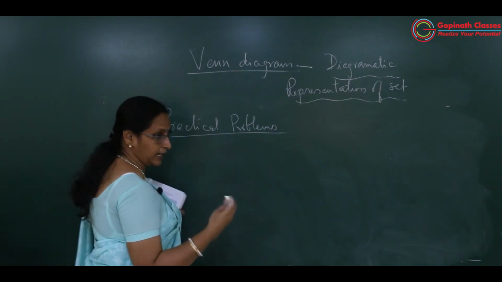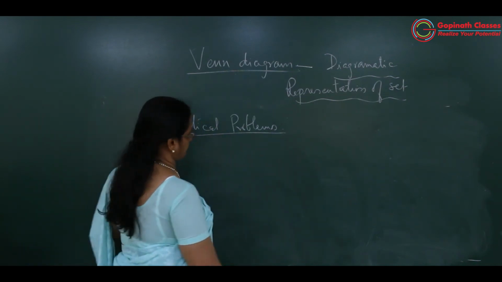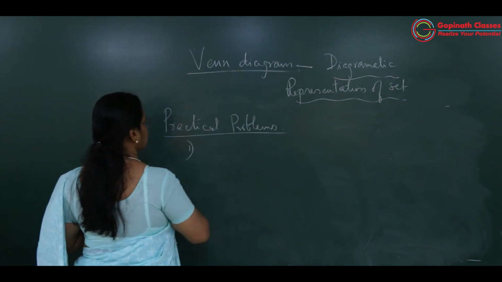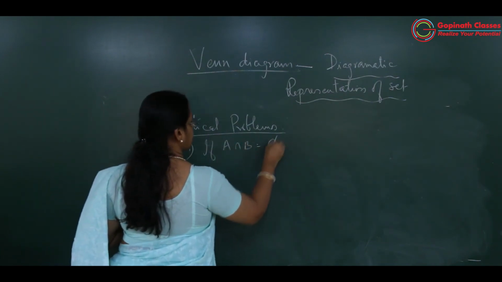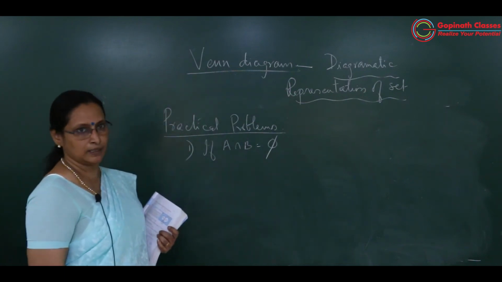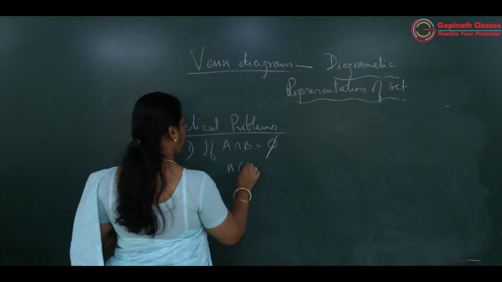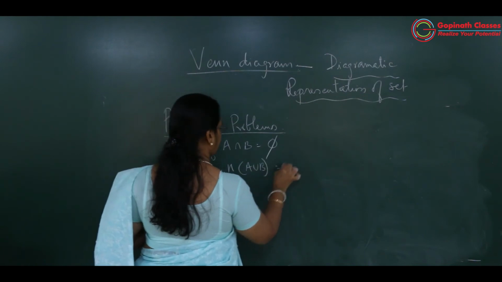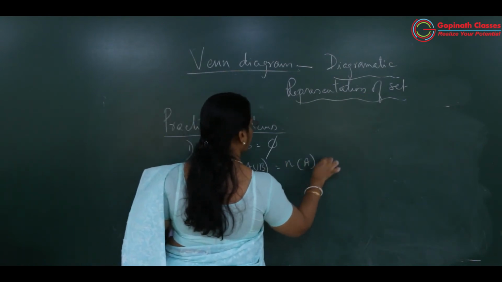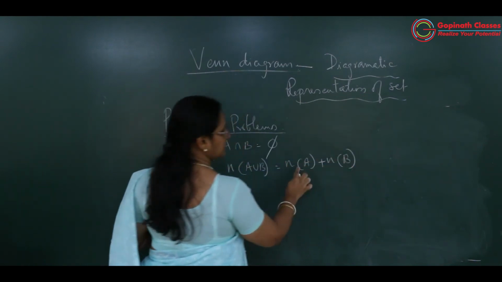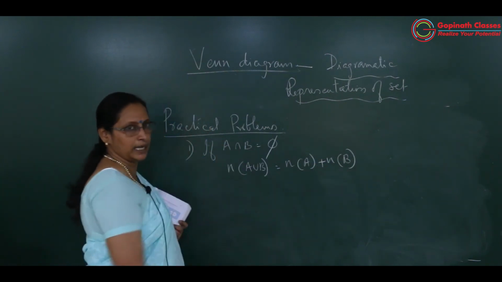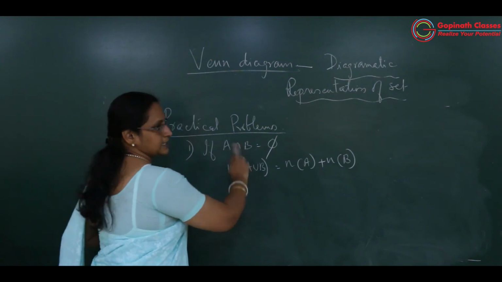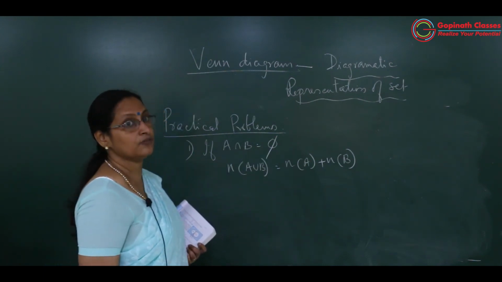N means number, N(A) means number of elements in A. So the first concept is, if A intersection B is a null set, if there are no common elements, then number of A union B is nothing but number of A plus number of B. The elements in A plus the elements in B, if you add them you will get the elements of A union B if the sets are disjoint, if there is nothing common.